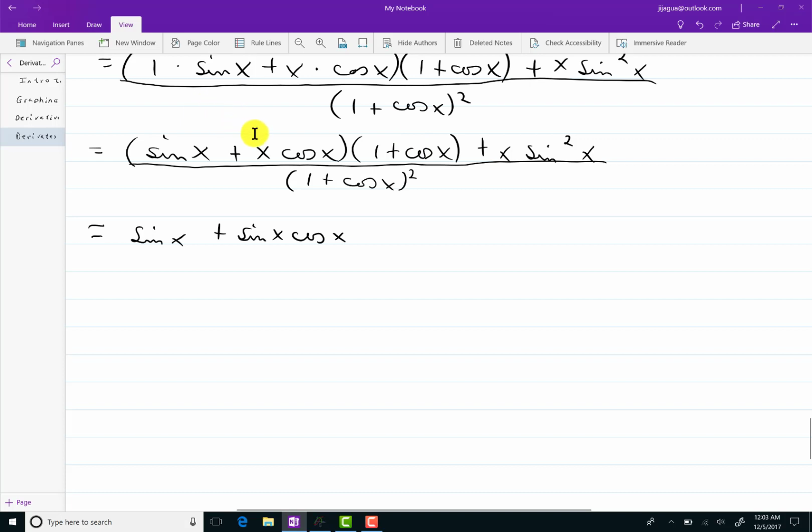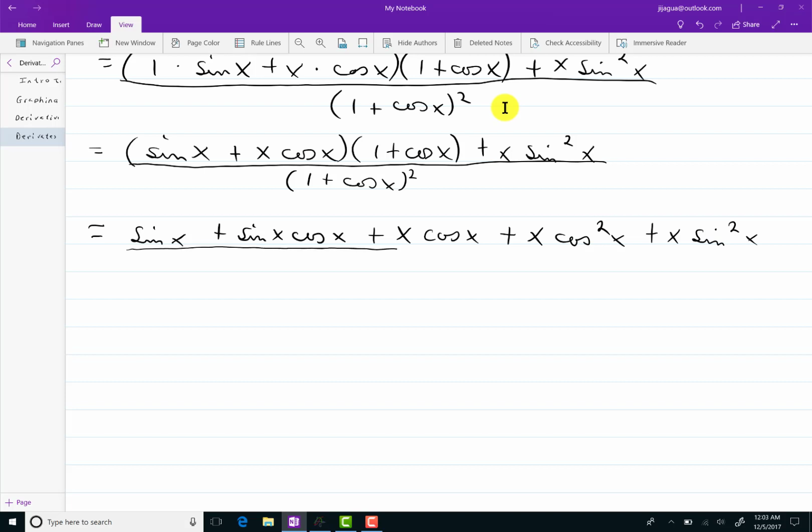And then I have x cosine of x times 1, so I'll get plus x cosine of x. Then finally, I'll get x cosine of x times cosine of x. So I'll get plus x cosine squared of x. But then I have plus x times sine squared of x. See, I told you.